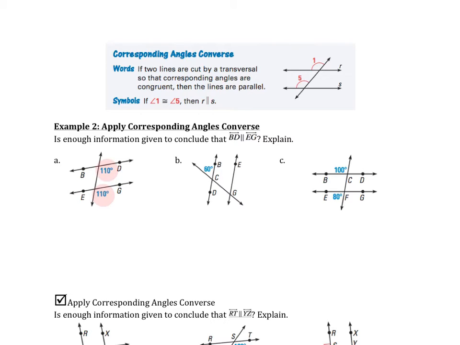So in the first one, there are corresponding angles. They are congruent. So yes, lines are parallel. In the second one, I'm looking for the corresponding angle with 60. There's not enough info.